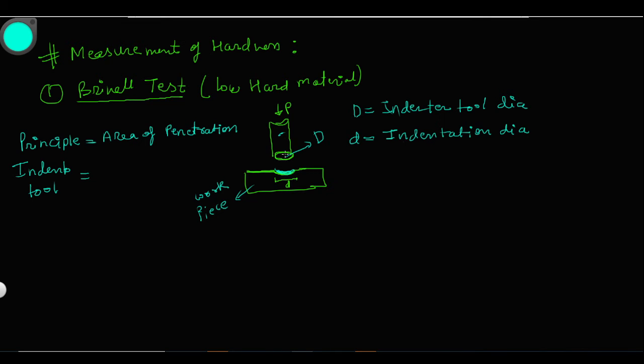In the Brinell test, hardened steel ball we will use, and applicable materials are aluminum, mild steel, brass and copper.